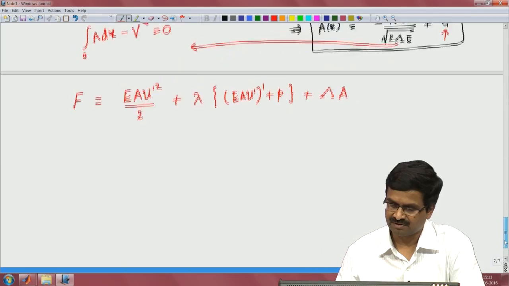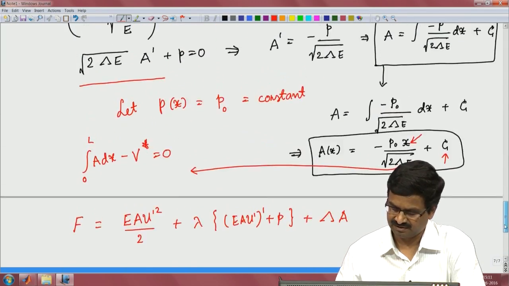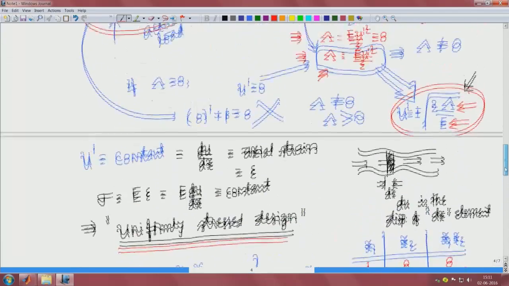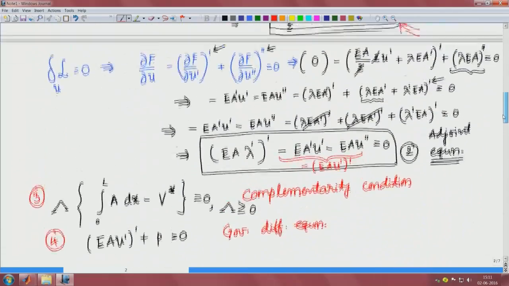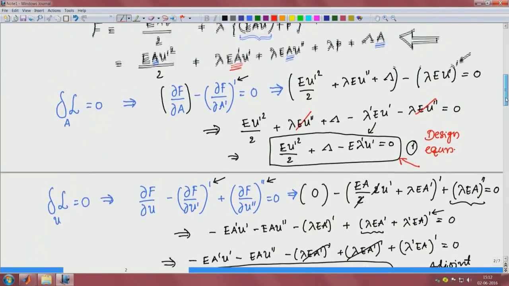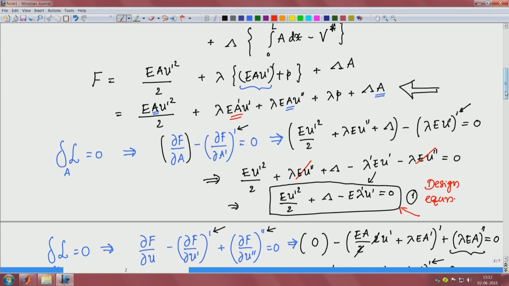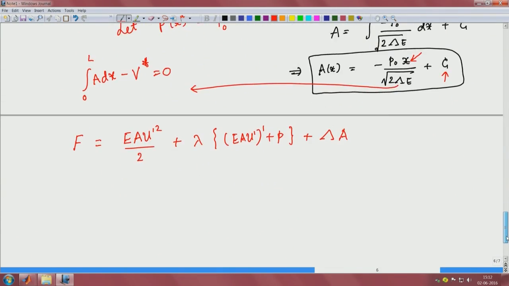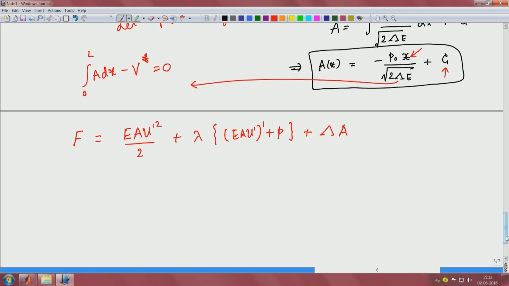So, we can even look at that once, that we had written earlier, to be sure, all the way up where we had written E A u prime square by 2, lambda times (E A u prime)' plus p, plus lambda a. Okay, let us see if we wrote the same thing here, right. This is it.